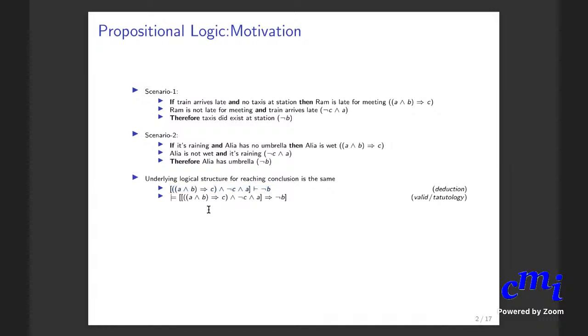In classical logic, which is the one we will be concentrating on in this course, this can also be stated as: A and B implies C, and not C and A, implies not B is a tautology.